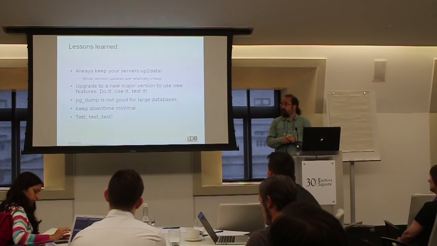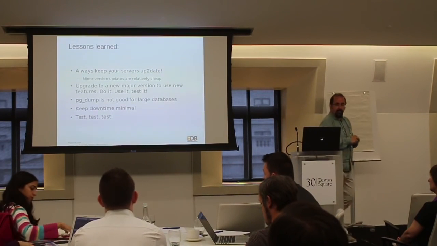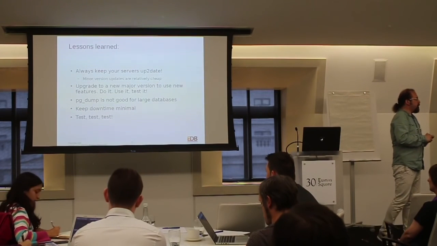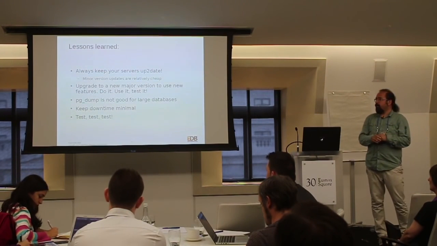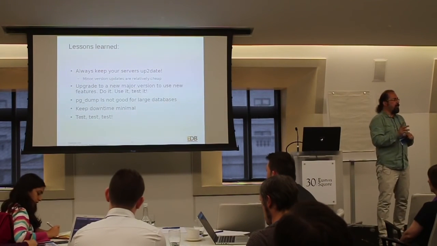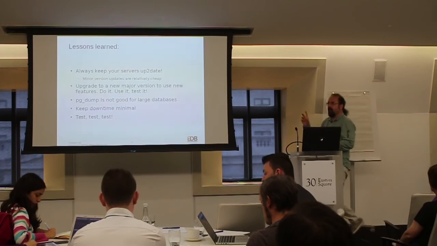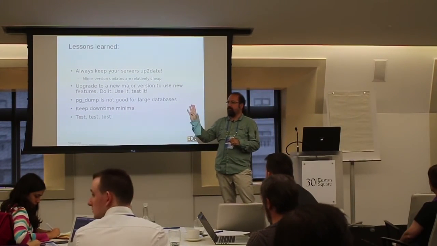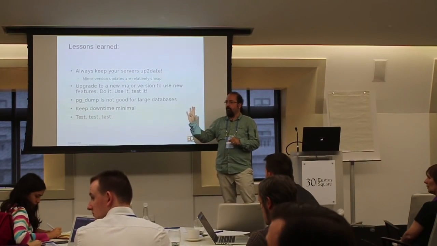Okay. So, lessons learned. Always keep your servers up to date, please. Feel free to correct me if I'm wrong, but I think, Magnus, we are going to release four minor versions each year, right? At least for this year. At least 4. Okay.